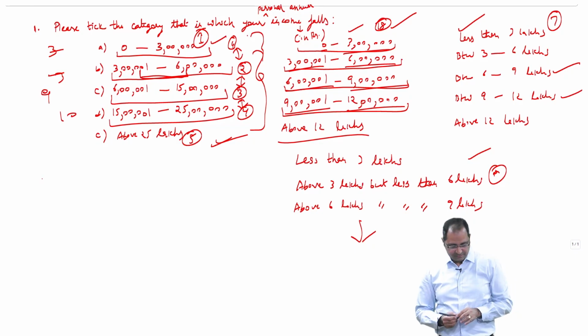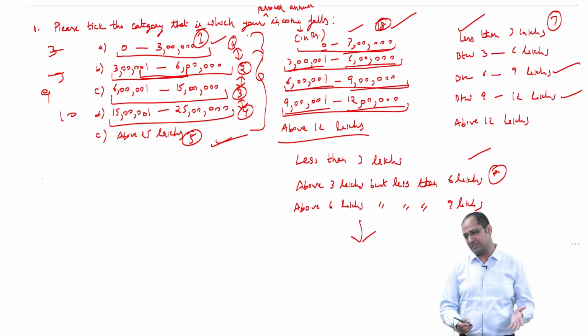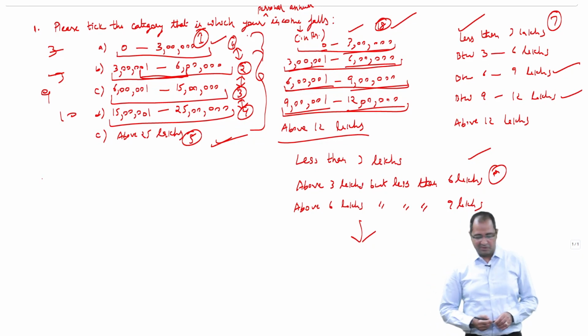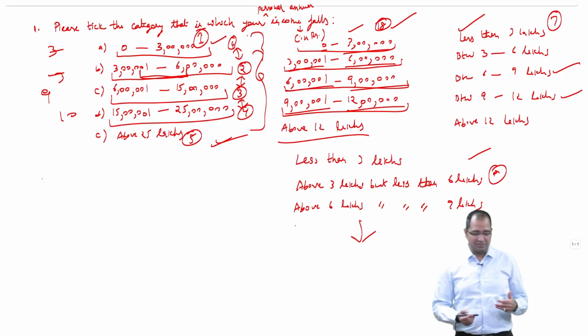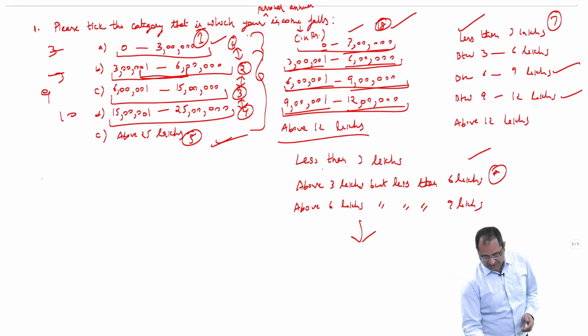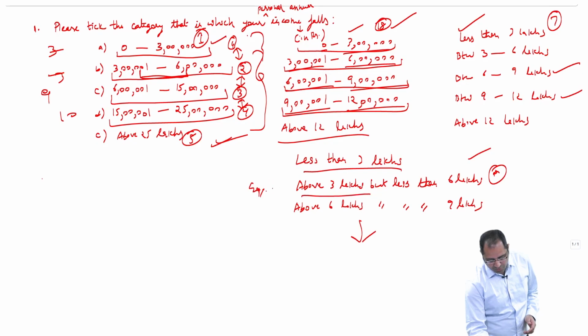Sir, here whose income is 6 lakhs exactly, he has no option to pick. Equal to or above 6 lakhs but less than 9 lakhs, yeah. So you have to see, here less than 3 lakhs, here equal to or above 3 lakhs, here also equal to or above 6 lakhs.